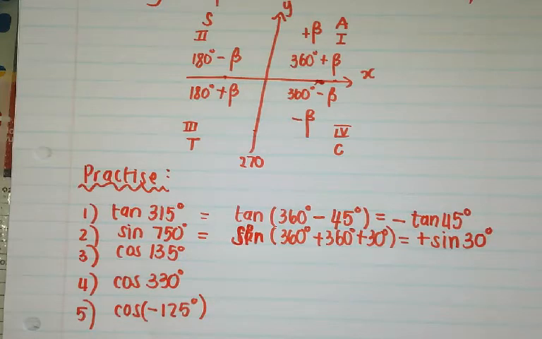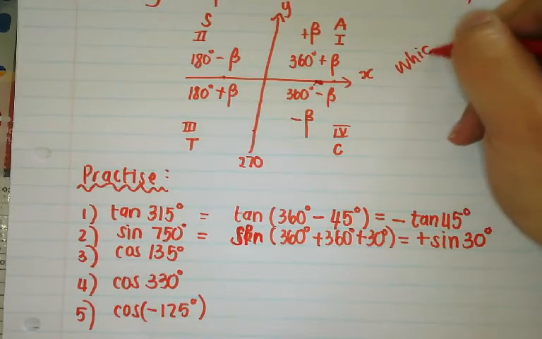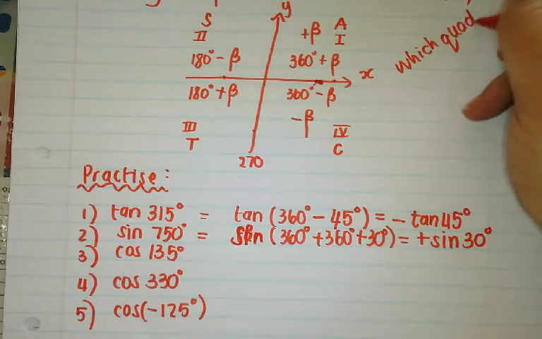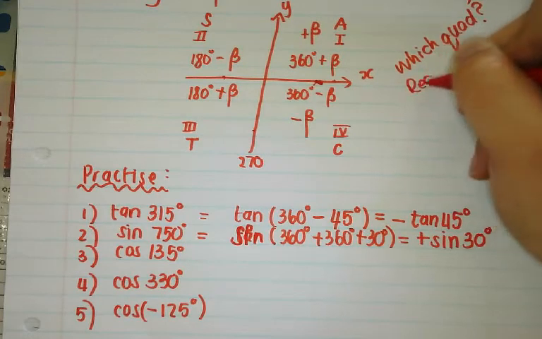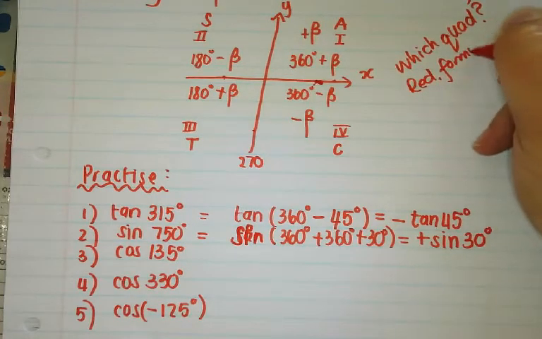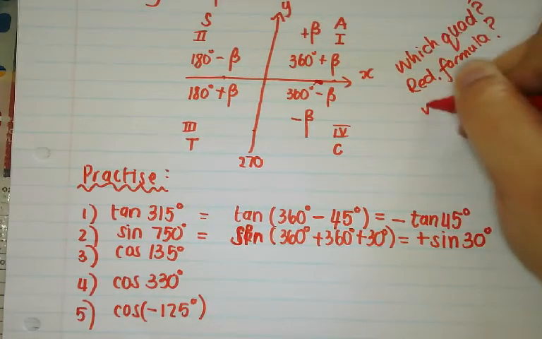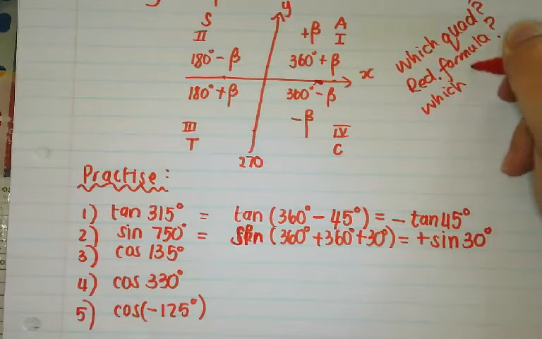Now try cos 135. Which quadrant? What's the reduction formula? What's the angle? Is it positive or negative? So which quadrant? What's the reduction formula? Which angle am I going to reduce it to?